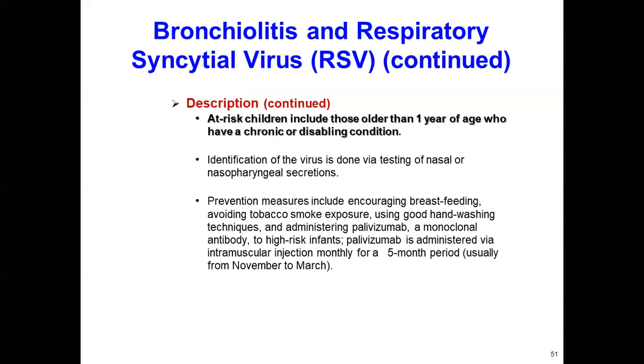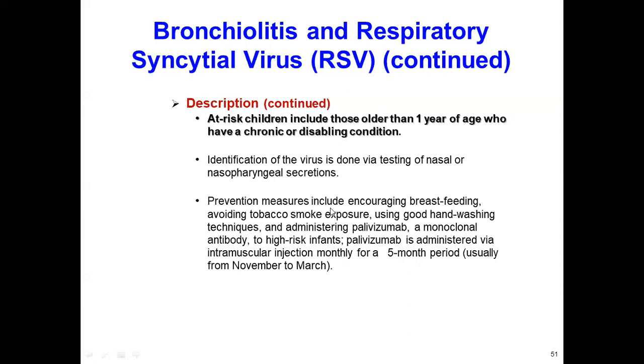What else? They said the risk group includes children older than 1 year of age who have a chronic or disabling condition. Identification of the virus is done via testing of nasal or nasopharyngeal secretion.